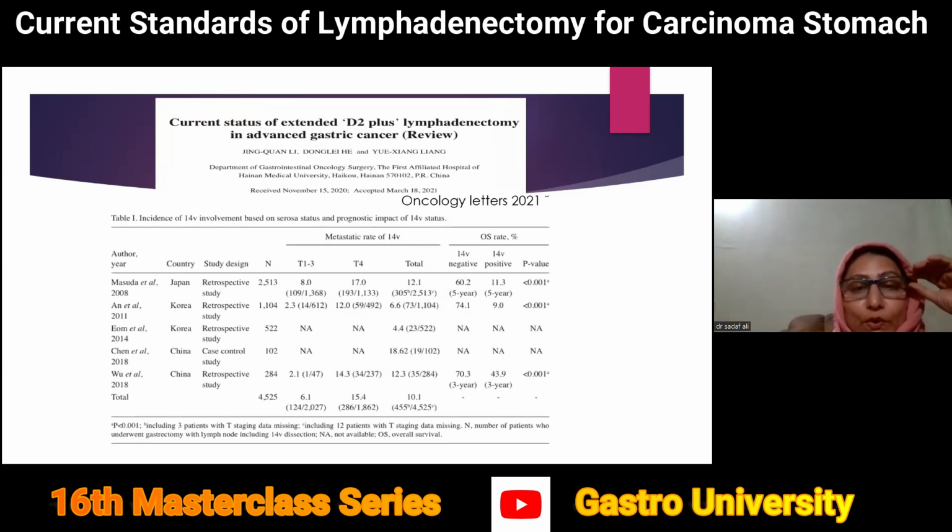Now, when you look into data of D2 plus, there are a few meta-analyses where people have tried to look into it, and they have said that there is a survival benefit if removed and assumed to be positive, over 5 years.